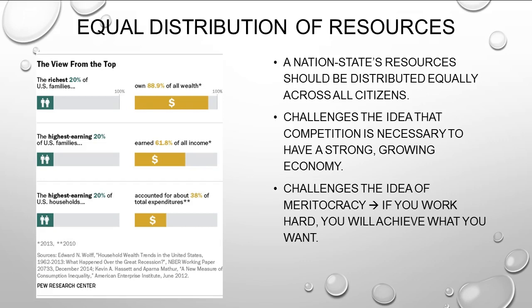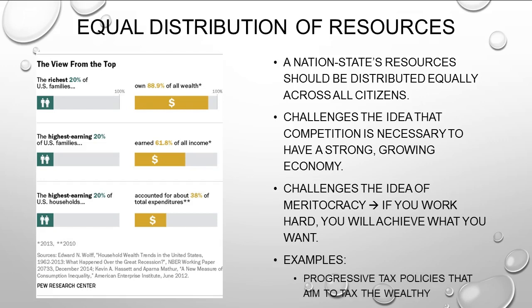What people who focus on equal distribution of resources argue is that when the wealth gap looks like what you see on the left, that creates very real barriers that people can't realistically overcome to fill that gap. Some examples of equal distribution of resources movements might be a progressive tax policy that aims to tax the wealthy. That would be an example of a social justice issue that focuses on equal distribution of resources.